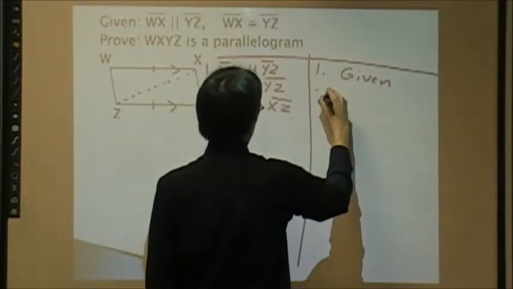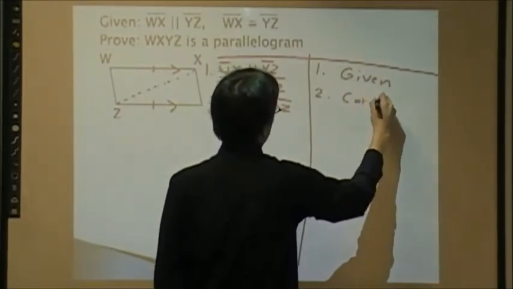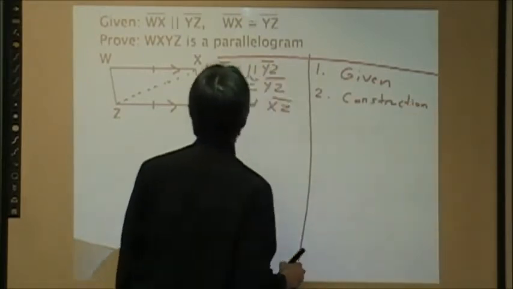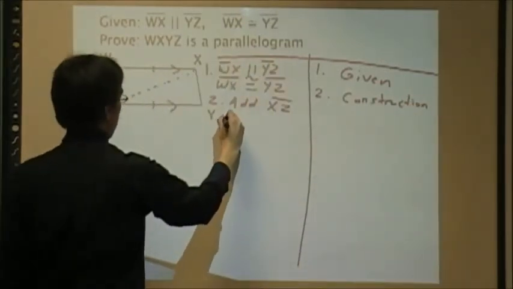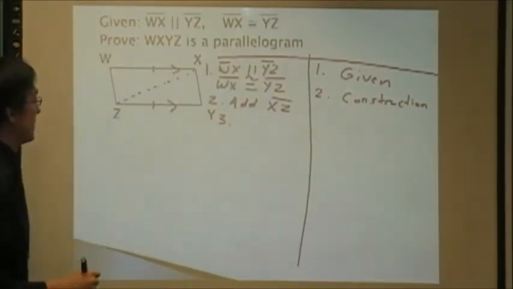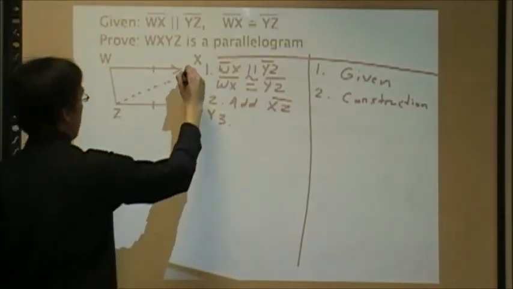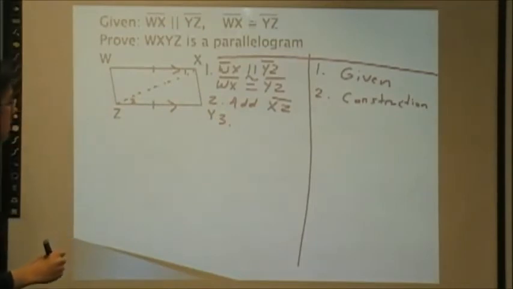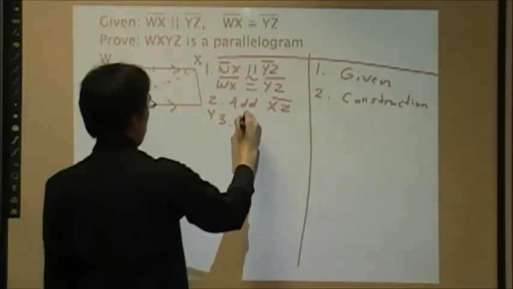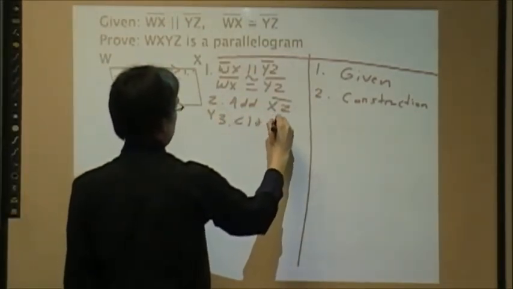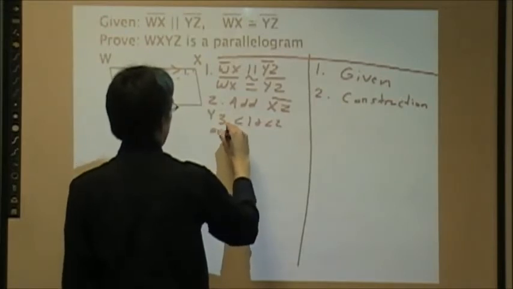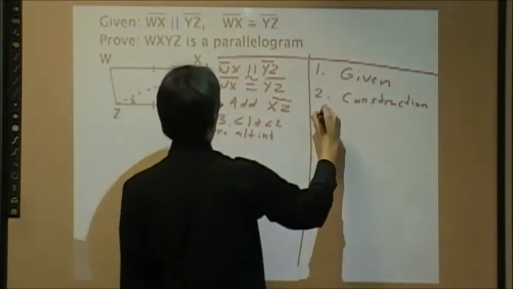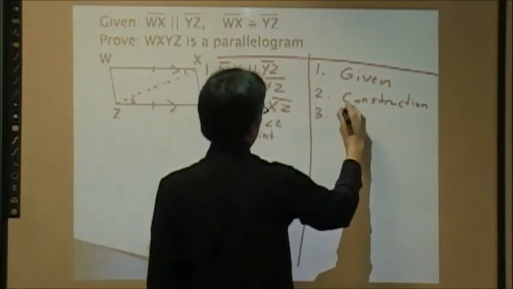And that's just by construction. And what that does is give me 2 triangles to work with. Well, if that's the case, I will call this one angle 1 and angle 2. Angle 1 and angle 2 are alternate interior angles by the diagram.